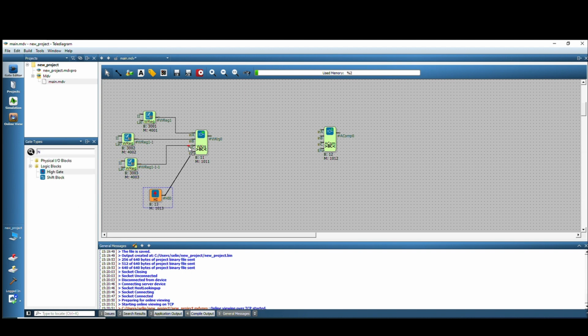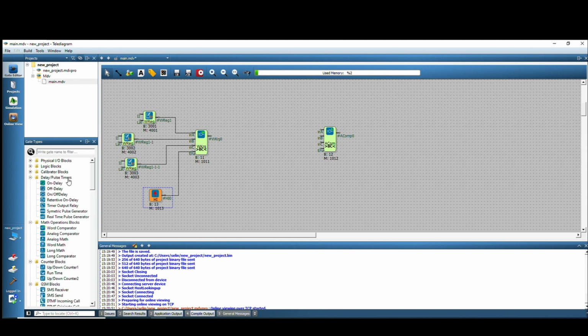For our first application, let's enter it from outside and select between in the word comparator blocks option. Test it in simulation.